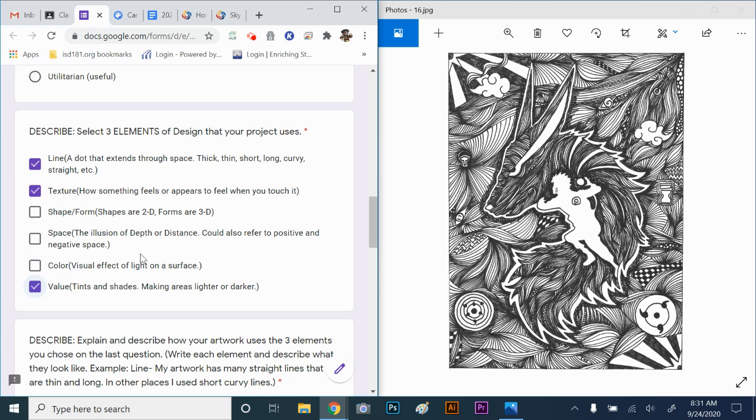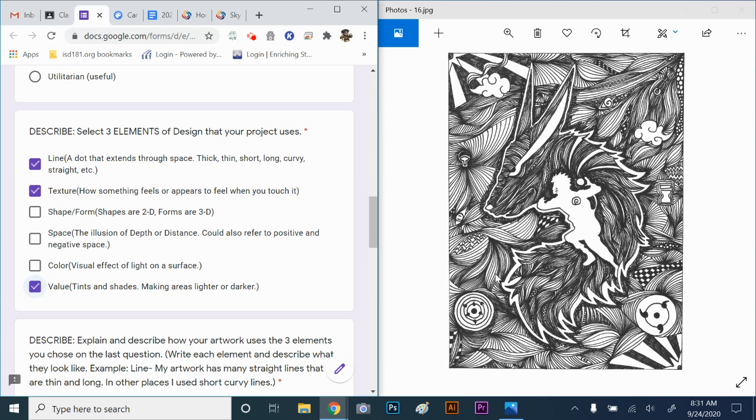Okay. This one I would say does have space because I could say these white areas could be a negative space and the darker areas could be a positive space. Shape and form, I could say that, yep, there's circles, there's a lot of organic shapes, there's a couple of geometric shapes. I'd say the circles are mainly the geometric shapes.